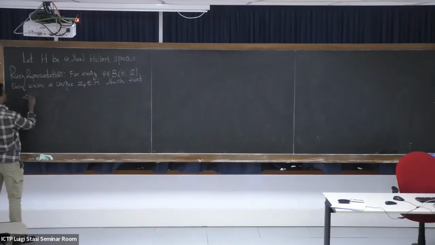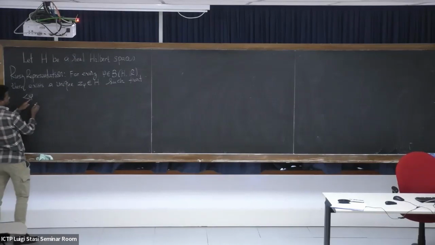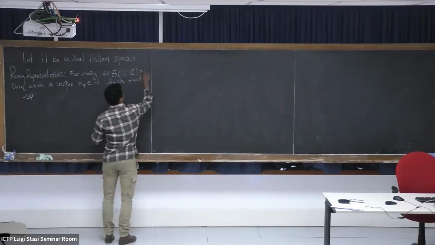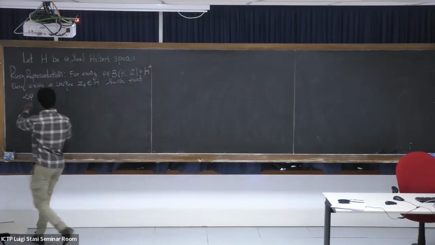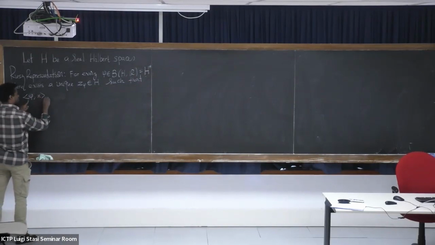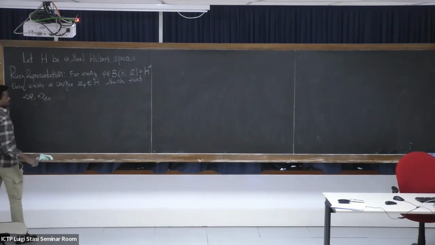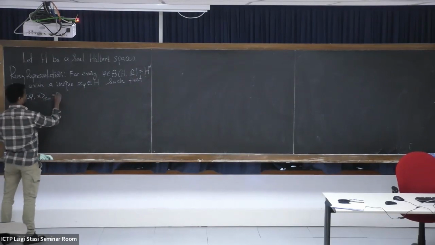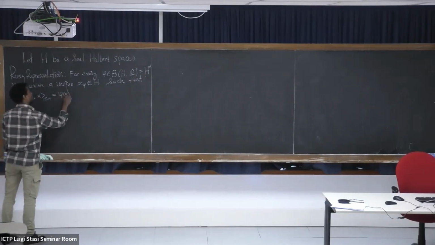If this is H star, this is the bilinear form between the dual space H star and H, which we discussed.